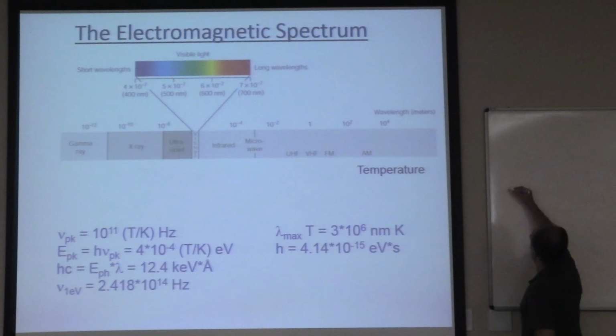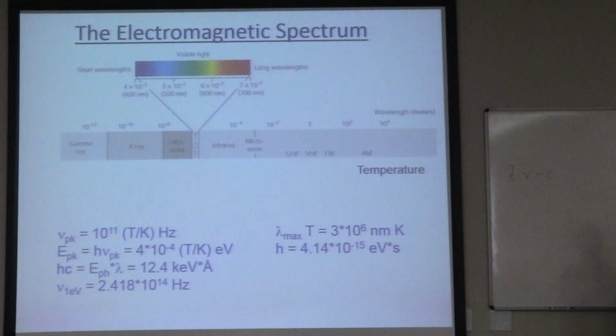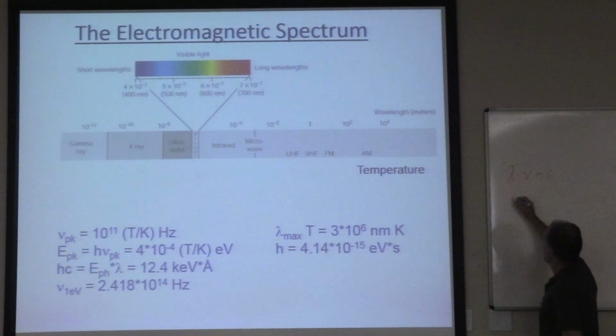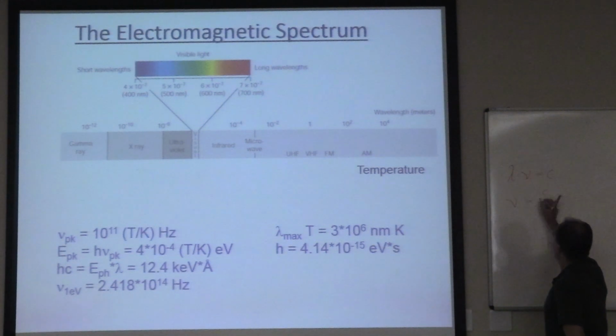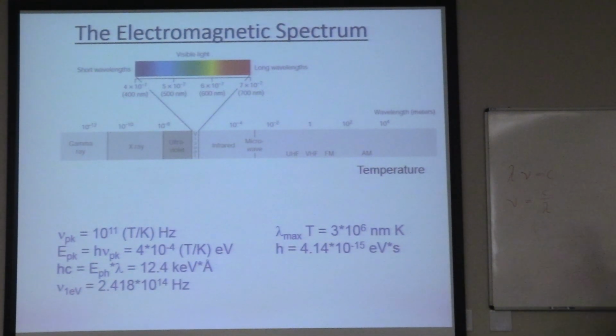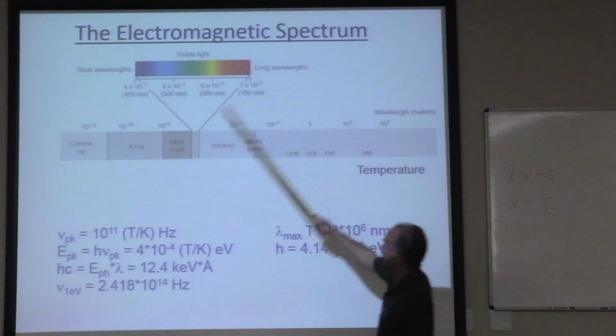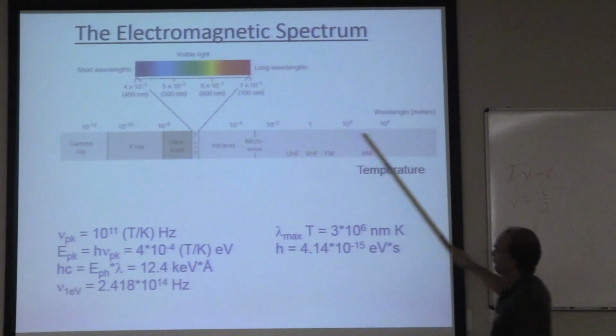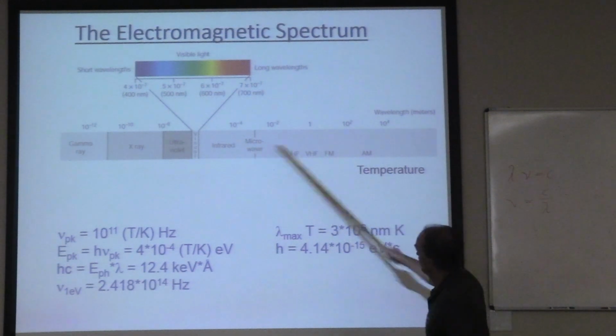And of course, everybody knows that wavelength lambda times frequency is just the propagation speed. So you can convert frequency as essentially the inverse of the wavelength. As we go to long wavelengths, beyond the red, we go to infrared and then to radio, to lower frequencies.